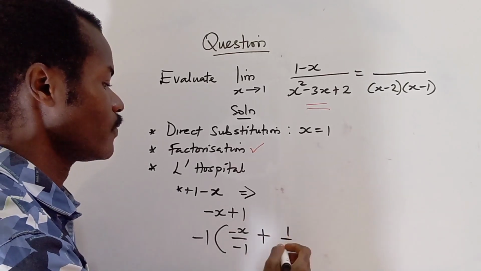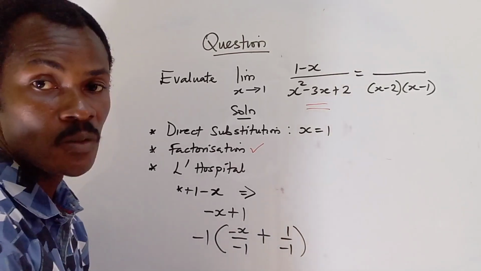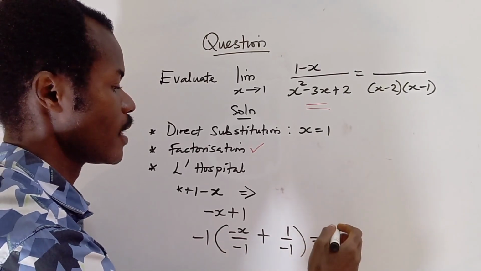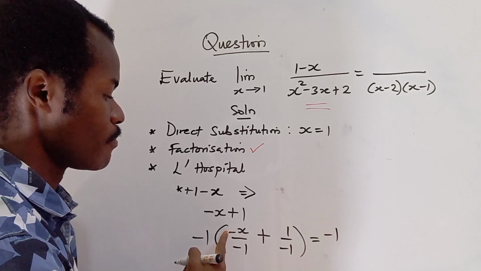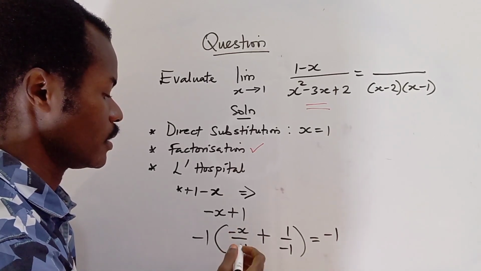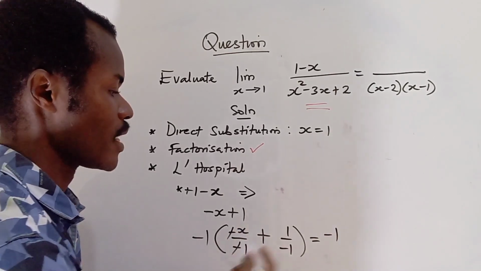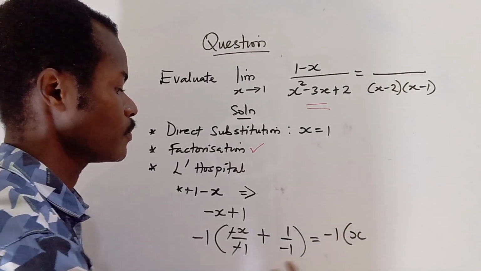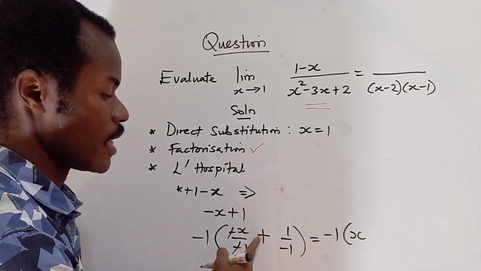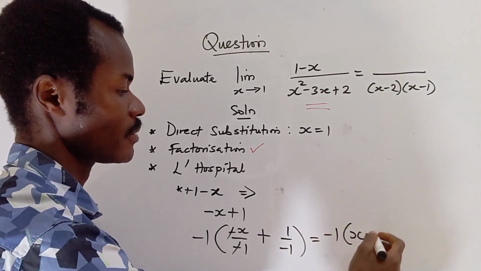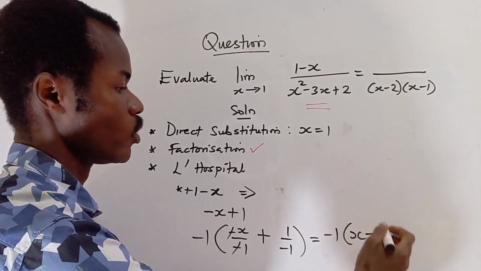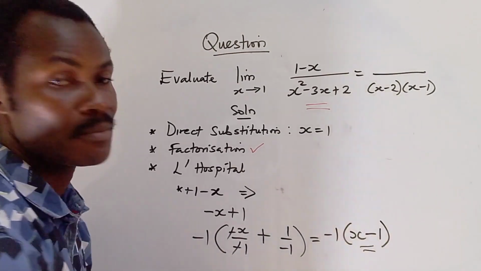So we have 1 divide minus 1. So let's see what that gives us. We have our minus 1 here. Now minus x divide minus 1, the minuses will cancel out. So we are left with our x. Now we have plus. Plus times minus is minus. 1 divide 1 is 1. Now I can see this has come out.